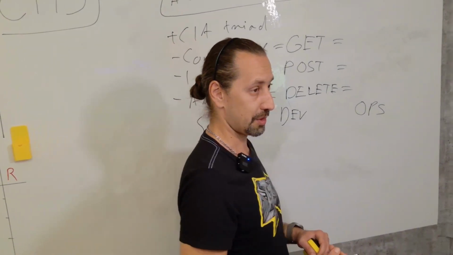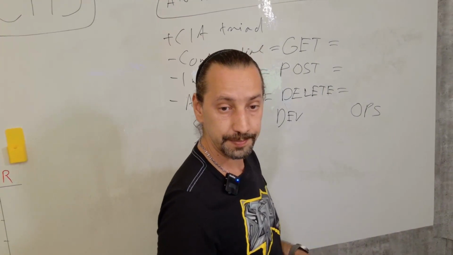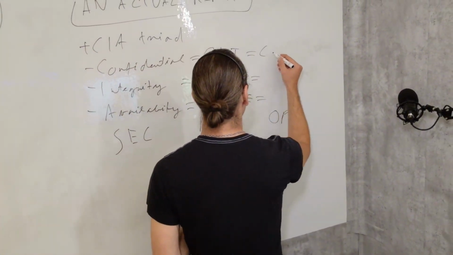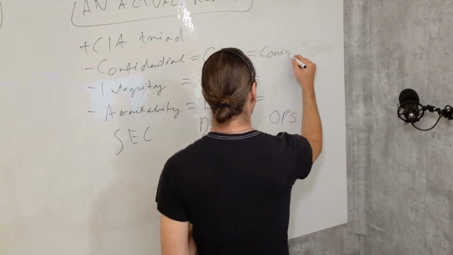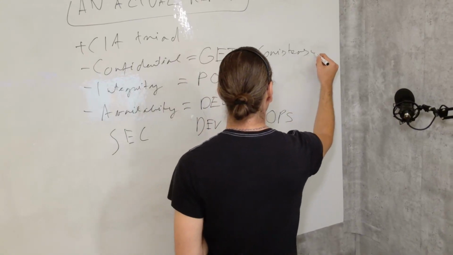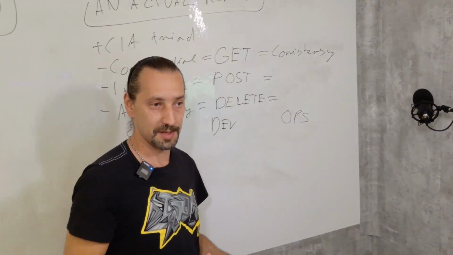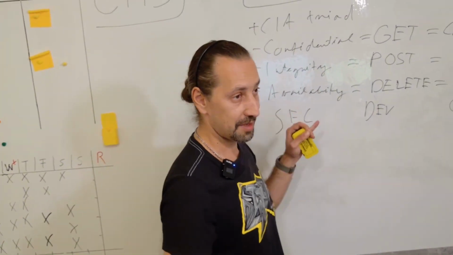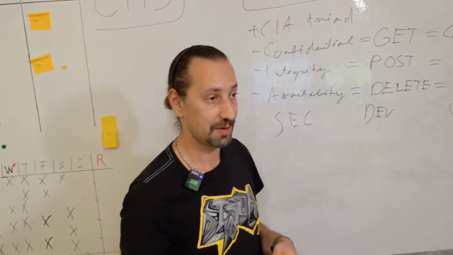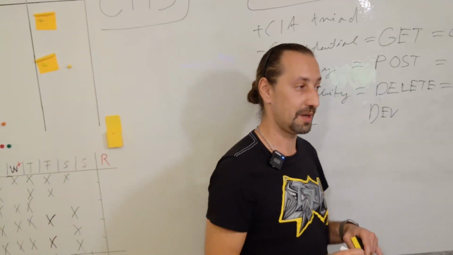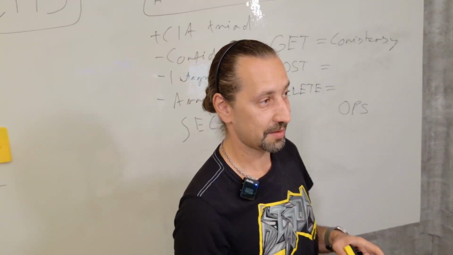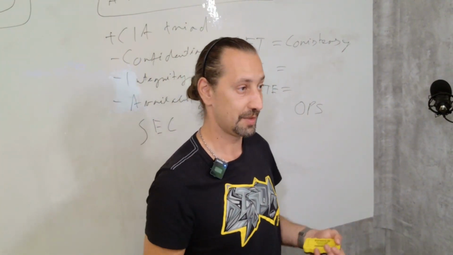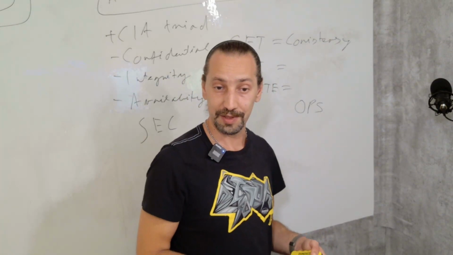And here comes a bit of a difference. I don't know if you've heard about the CAP theorem. Consistency: confidentiality could be matched to whether the data is consistent for those who are supposed to have it.